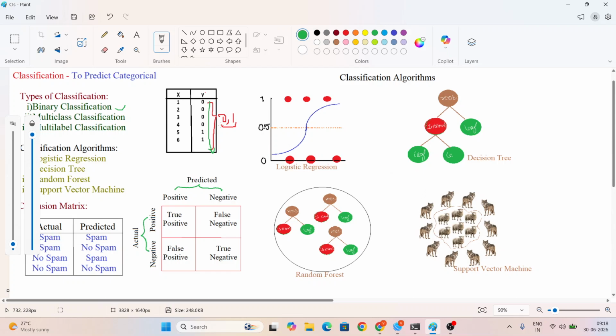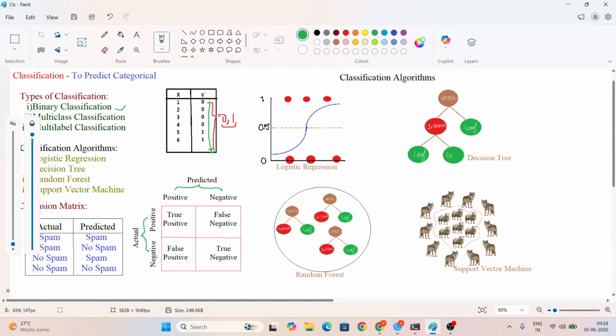We can denote it like this also: 0 denotes spam and 1 denotes not spam. In another example, if the candidate has accepted, that is 1. If he rejected, we call it 0. So it is used for two classes. Have you got my point?